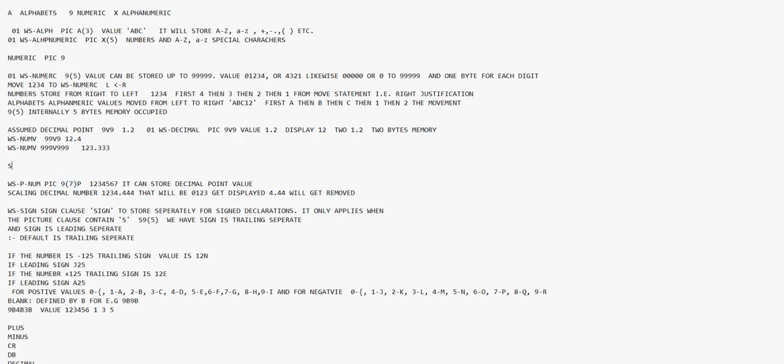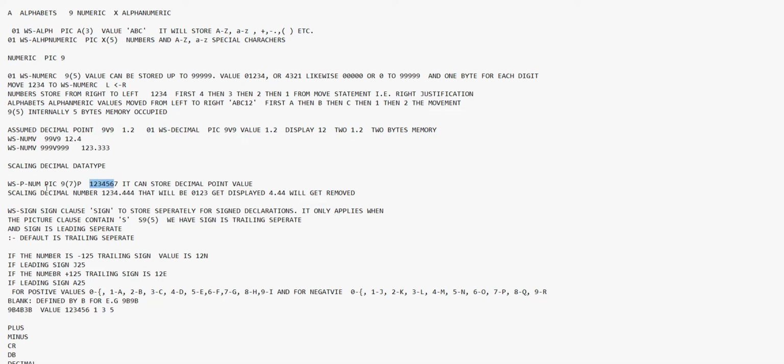This we call the scaling decimal data type, or decimal numeric data type. What it does: for example, if I mention 1234567, it can store 1234567.0, but if you display, it will display up to 123456 only.